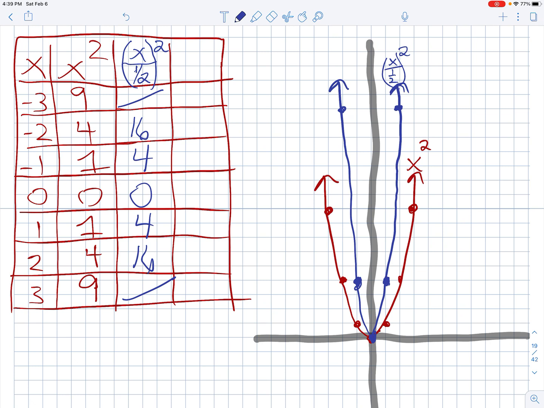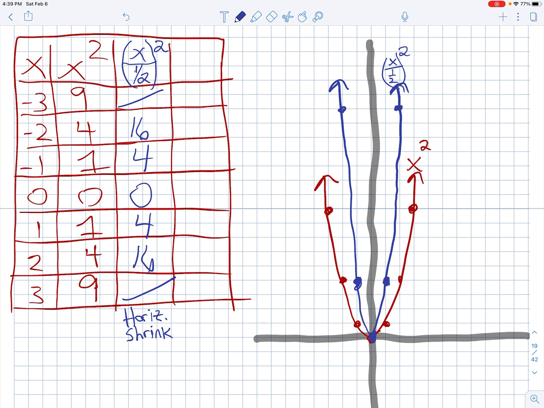So those points are closer to the y-axis, meaning horizontally, (x divided by a half) squared got compressed or shrunk compared to the graph of y equals x squared.